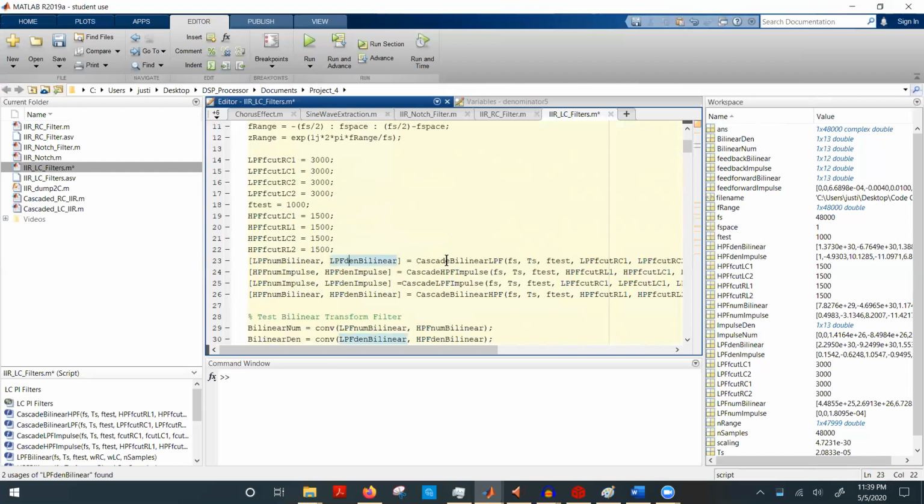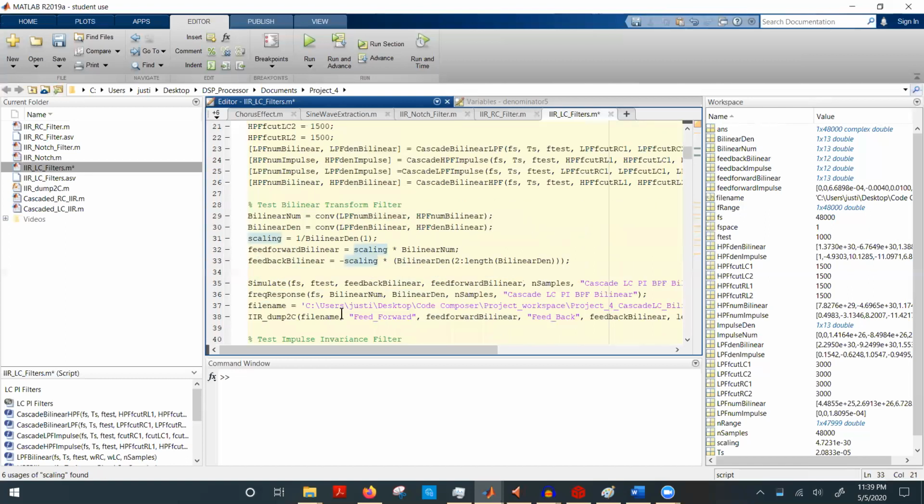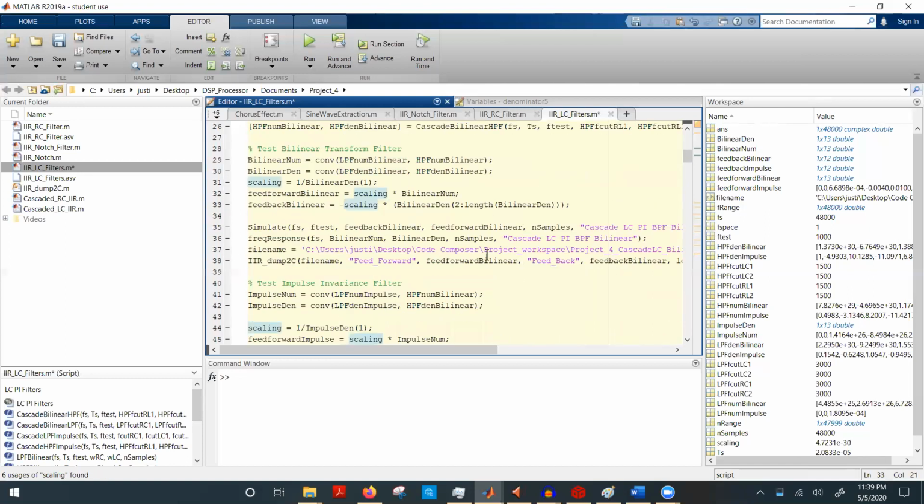So here I generate the cascaded bilinear LPF, cascade HPF, bilinear LPF impulse, and then HPF bilinear. Wow, I did not label these consistently. We can test the bilinear transform by convolving the bilinear low pass with the bilinear high pass, scaling it, and then we write this out to bilinear.